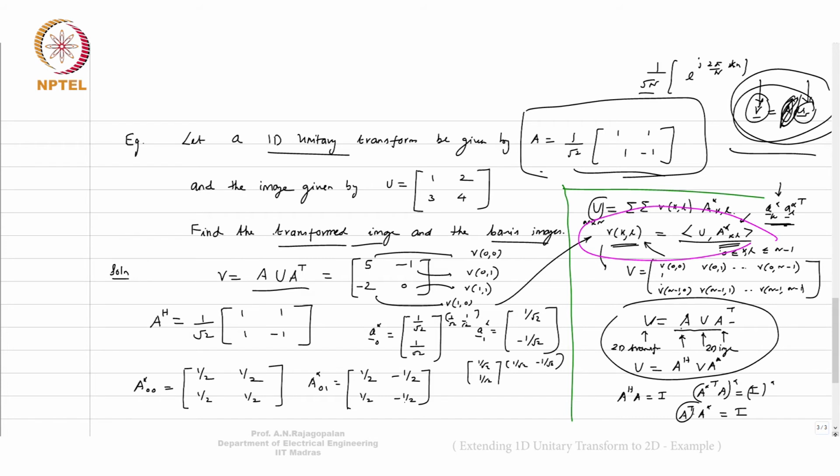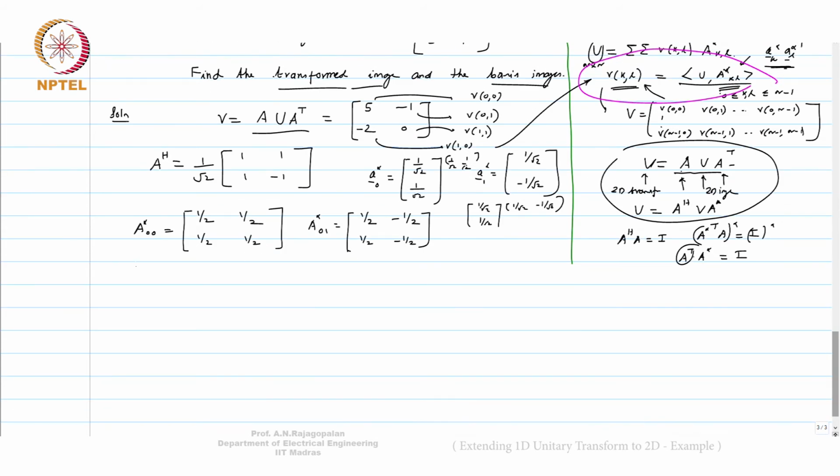Then what about your A star 1, 0? So 1, 0 is 1 by root 2, minus 1 by root 2, then 1 by root 2, 1 by root 2. You get 1 by 2, 1 by 2, minus 1 by 2, minus 1 by 2.